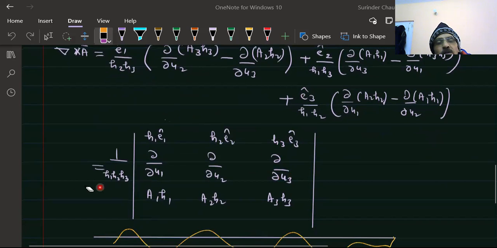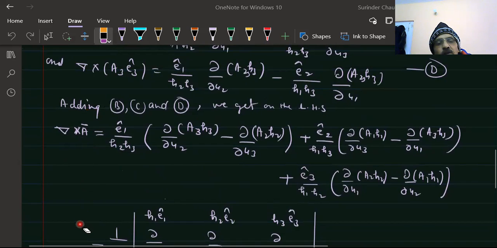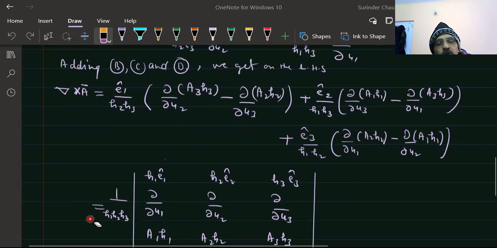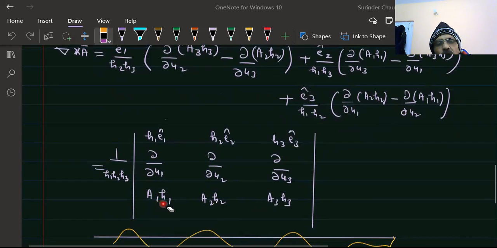So the curl of a vector in curvilinear coordinates is 1 upon h1 h2 h3 times the determinant with rows h1 e1, h2 e2, h3 e3; partial with respect to u1, u2, u3; and a1 h1, a2 h2, a3 h3.